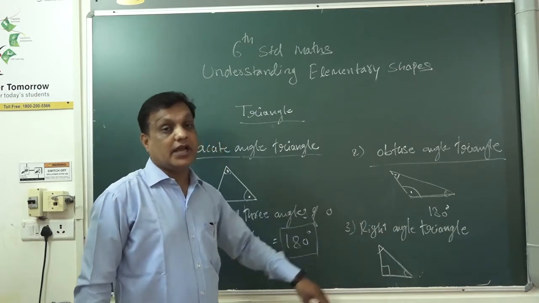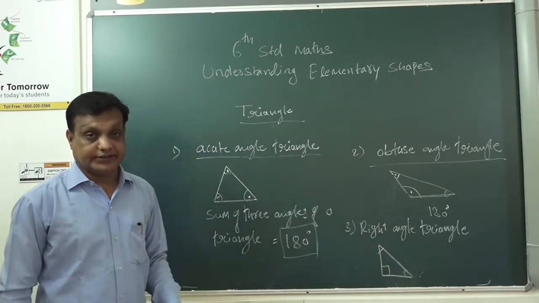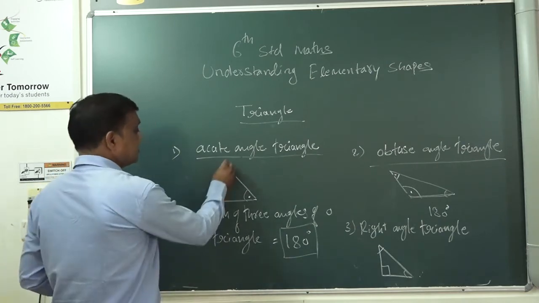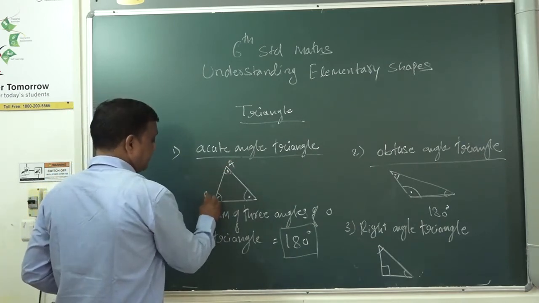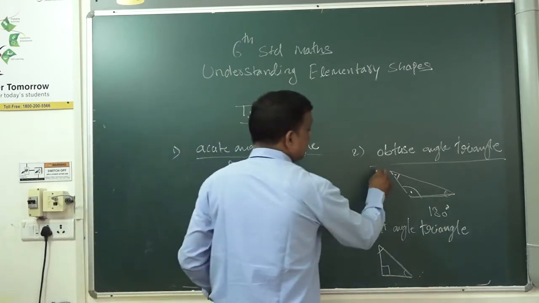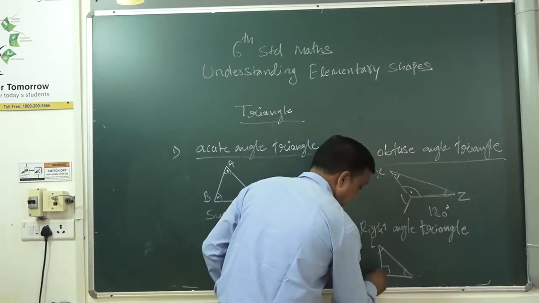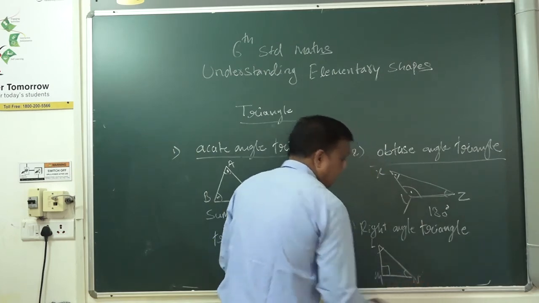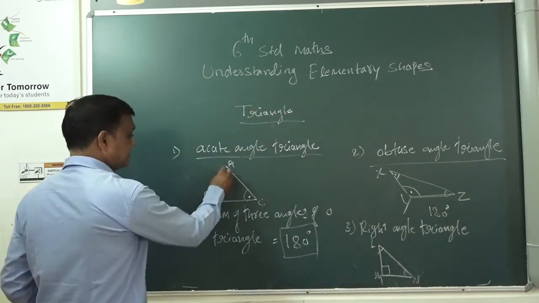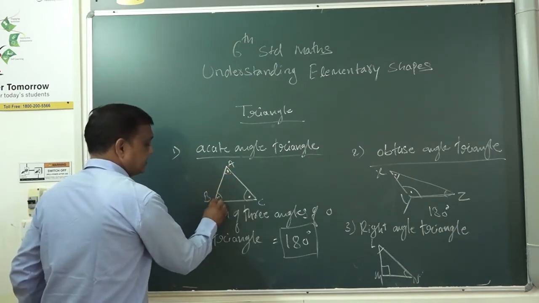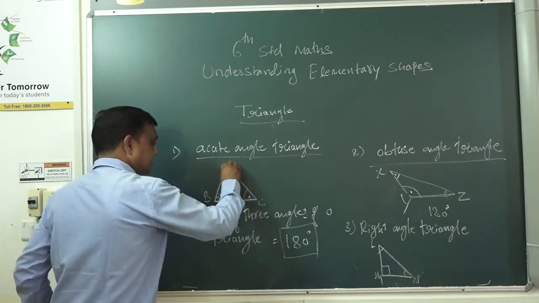And when we talk about the sides of a triangle, which are the sides? Suppose I give names here A, B, C. Here we are giving X, Y, Z, and here L, M, N. If you see the sides, which are the sides? 3 sides of the triangle. This is side AB, this is side BC, and this is side AC.